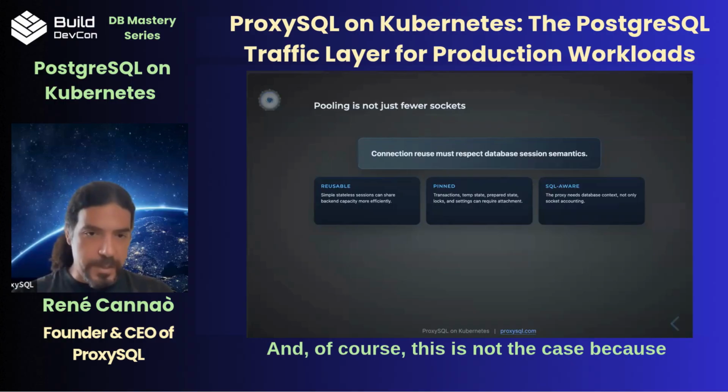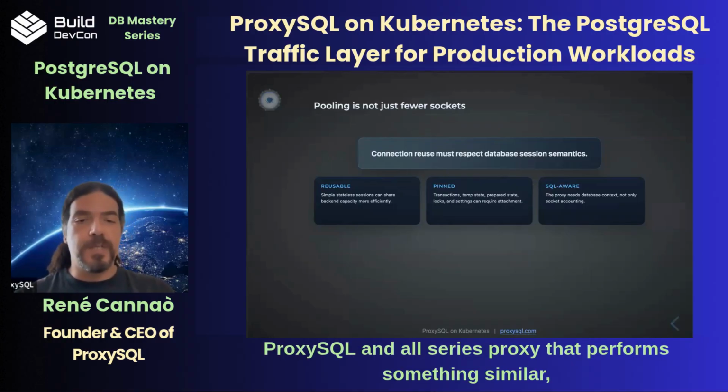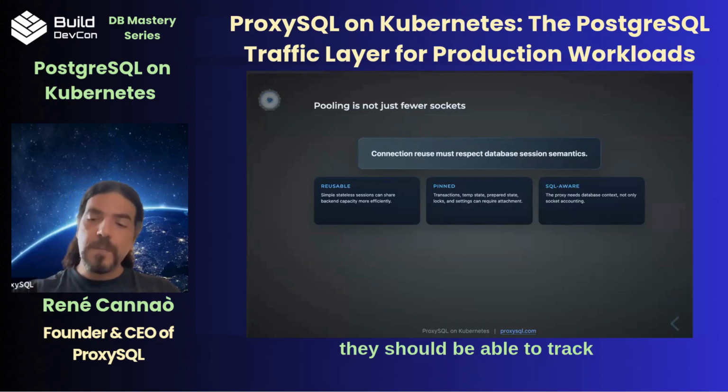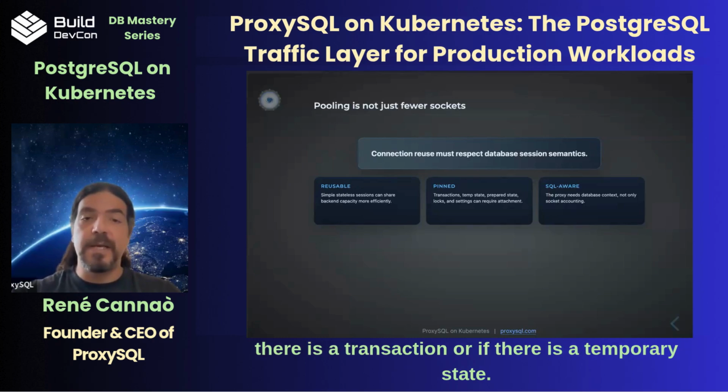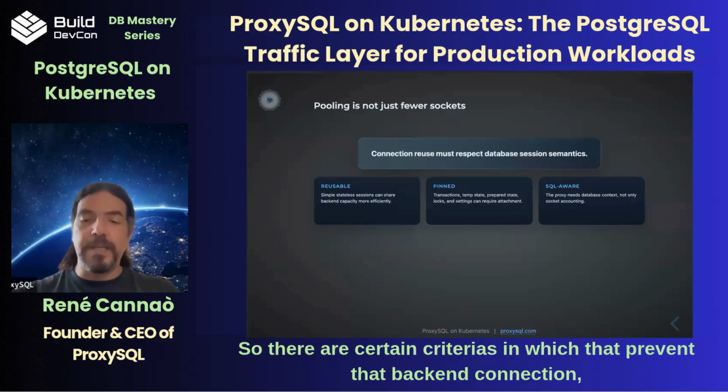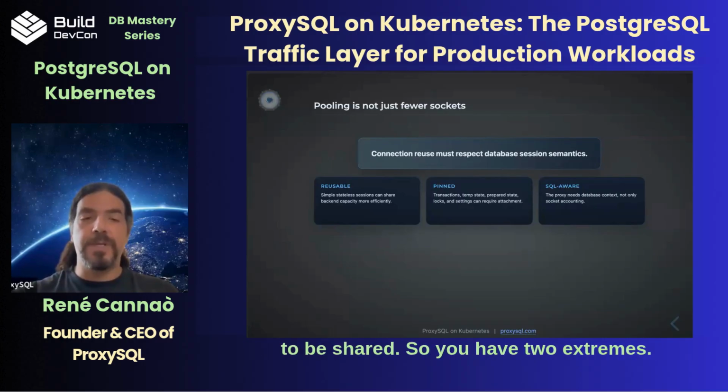Of course this is not the case, because ProxySQL, and all similar proxies, should be able to track the status of the backend connection and identify if, for instance, there is a transaction or a temporary state. There are certain criteria that prevent that backend connection from being shared.